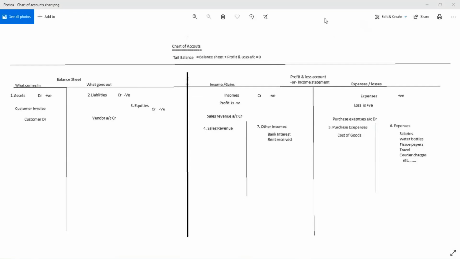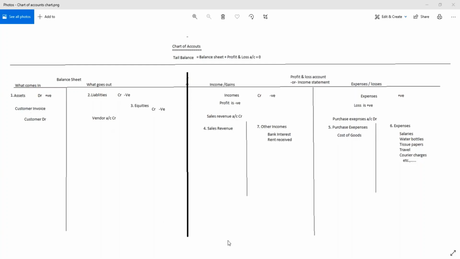Chart of accounts are classified into balance sheet and profit and loss account. In the balance sheet, it is assets, liabilities, equities, sales revenue, purchase expenses or cost of goods, expenses, and other incomes. For net effect, it is appropriation.